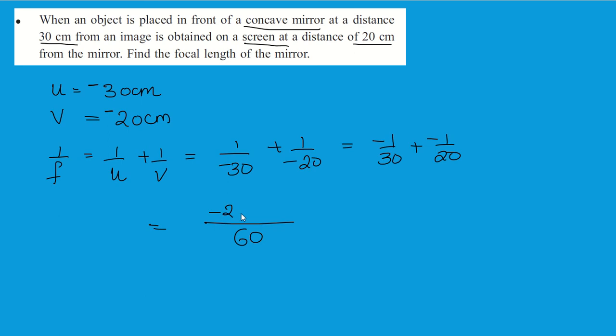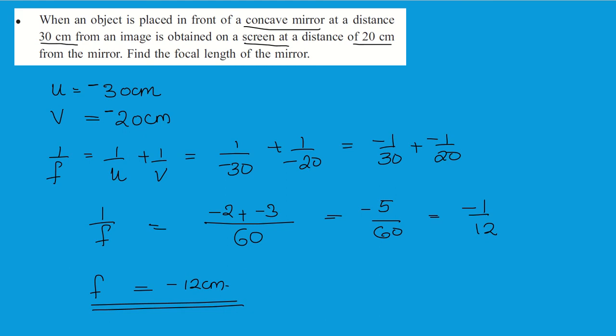So minus 2 plus minus 3. So we are getting minus 5 divided by 60 or minus 1 by 12. See, this is 1 by F. So focal length F is equal to reciprocal of this. That's going to be minus 12 centimeter. See, we are getting the value automatically with a negative sign, right?